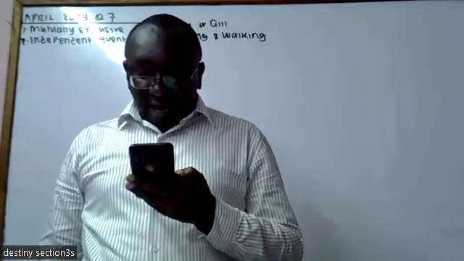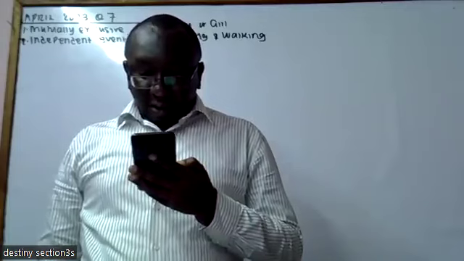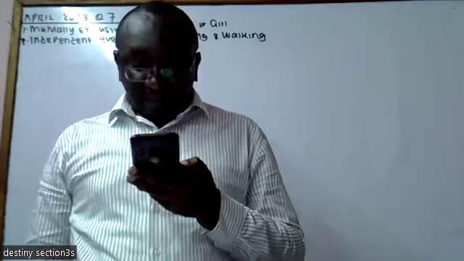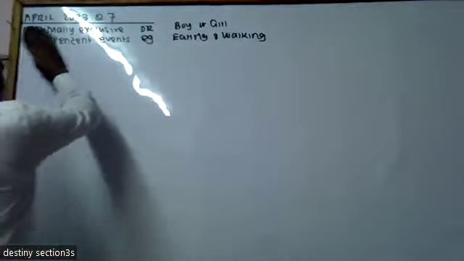Part B, a linear programming problem has been formulated as below. So we have the objective function, and we are told to get the optimal production for X and Y using the simplex method.